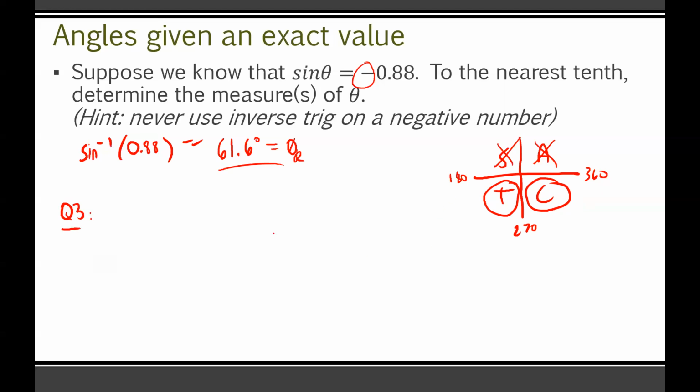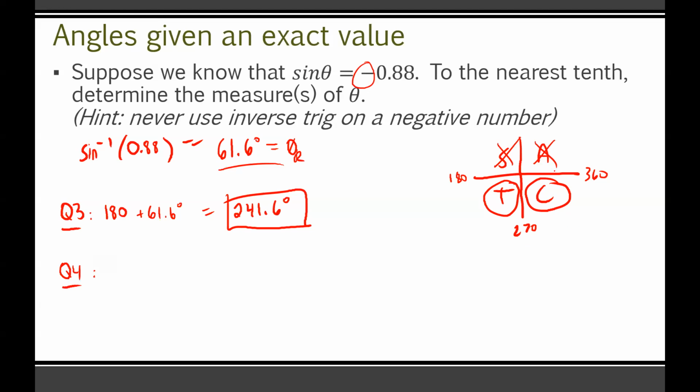In quadrant 3, we're just going to take 180 and increase it by 61.6 degrees, our reference angle. So 180 plus 61.6 should give us 241.6 degrees. That is going to be one of our measures of theta. In quadrant 4, that's the C quadrant.